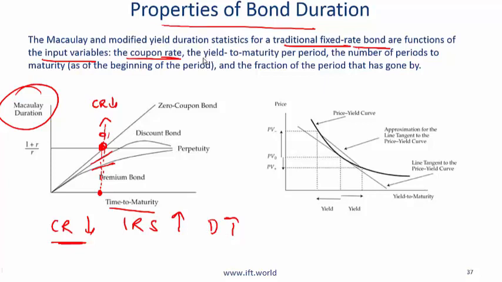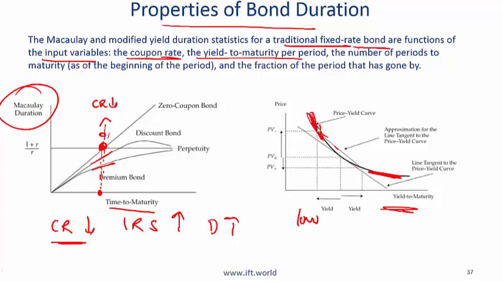How does duration depend on yield to maturity? So remember, duration is a measure of interest rate sensitivity. So if you look at this picture on the right, at high YTM, the sensitivity is less. At low YTM, the sensitivity, so this is low YTM over here, this is high YTM.